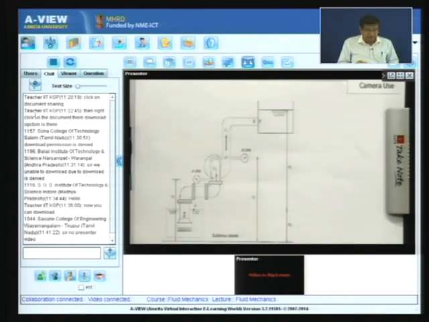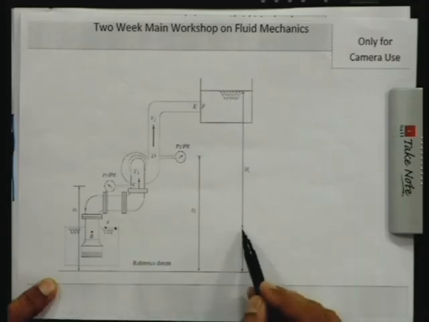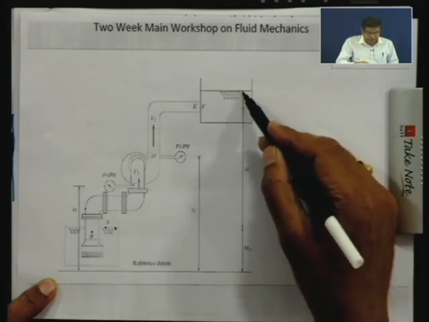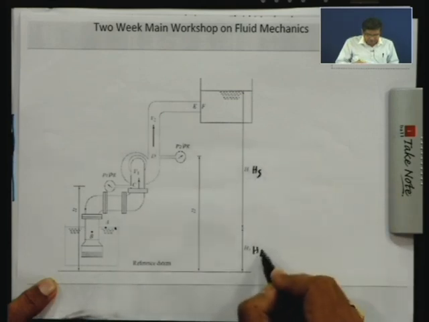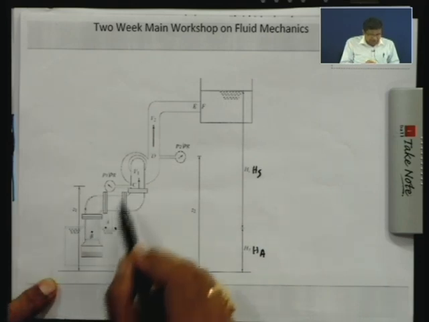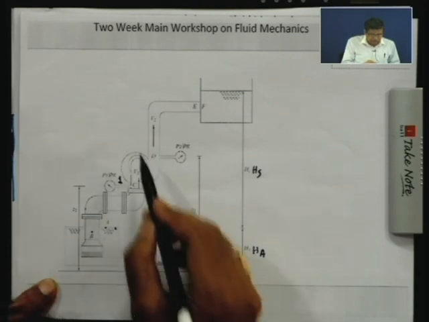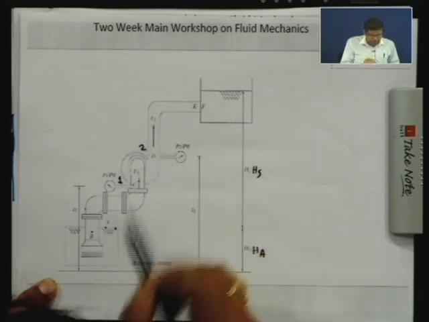I specify this level at this reservoir at height HA, and from here to this level at the upper tank as HS. Z1 is the elevation from the reference datum to the inlet to the pump, section 1, and this is the outlet at 2, the delivery line, Z2, and this is the pump.